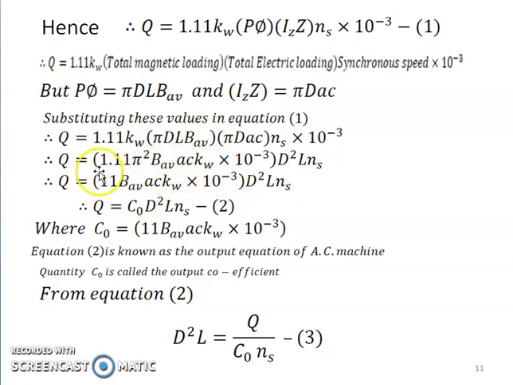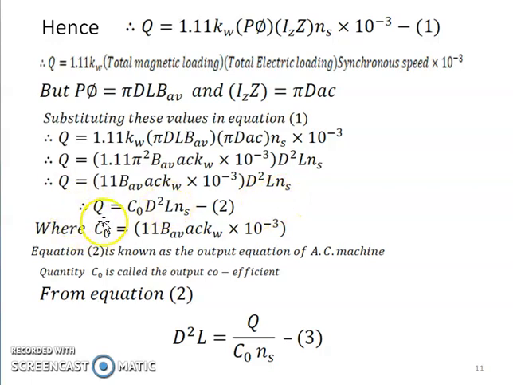After simplifying and multiplying, we get 1.11 pi square B average ac Kw into 10 to the power of minus 3, and this whole term is multiplied by D square L into Ns. So pi square into 1.11 is nearly 11. Hence we can write Q equal to 11 B average ac Kw into 10 to the power of minus 3, and this whole term will be multiplied by D square L into Ns.